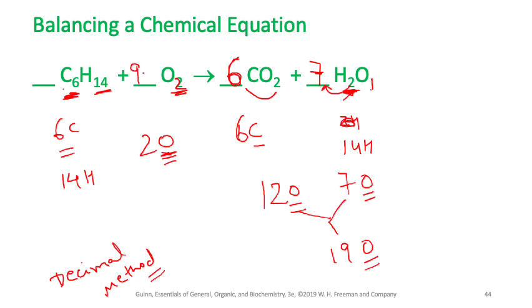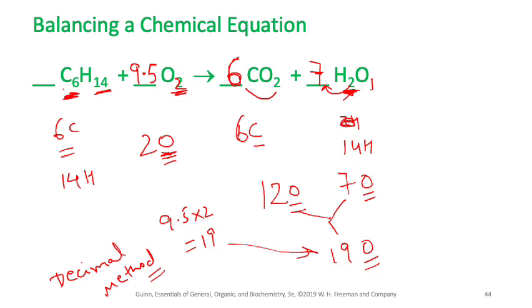Can I write 9.5? So 9.5 times 2 is 19, and then this becomes equal, right? So this is the chemical equation, right?